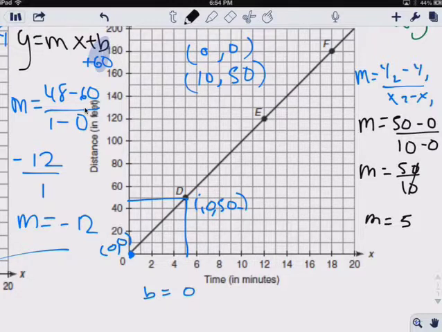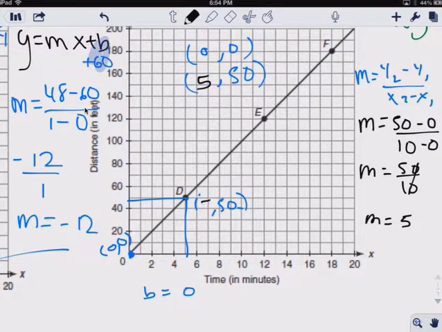That doesn't look right. I did something wrong. Aha! I was right the first time, that's why.